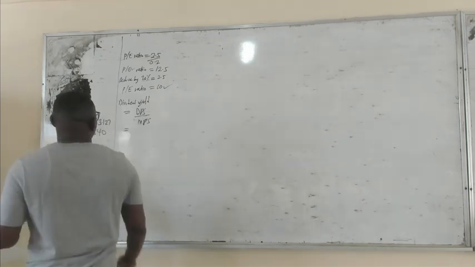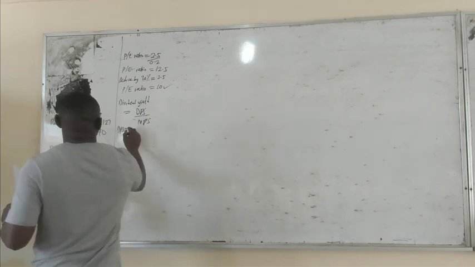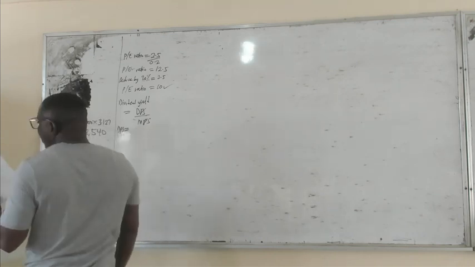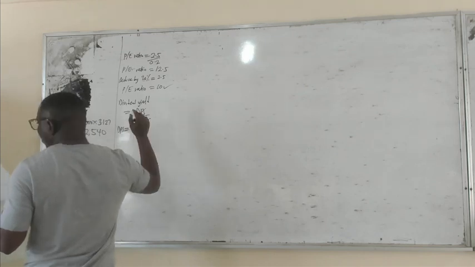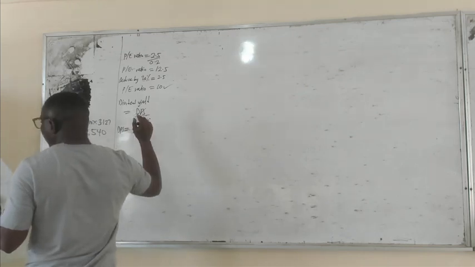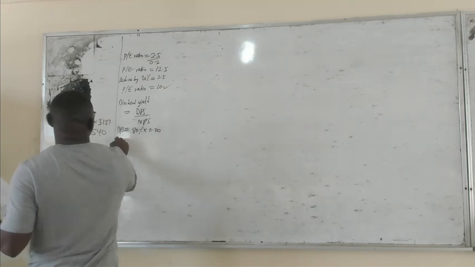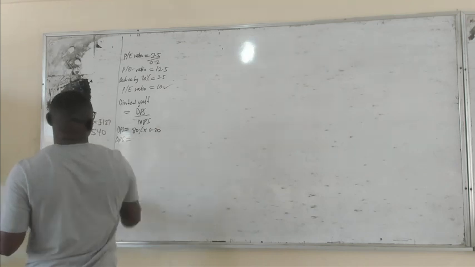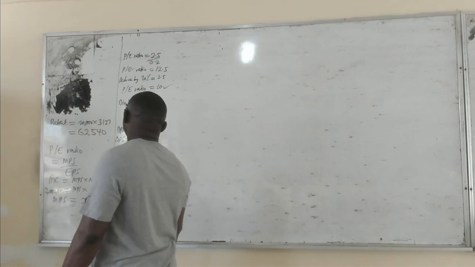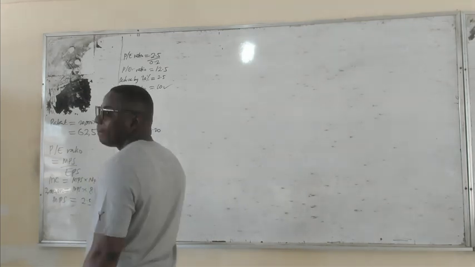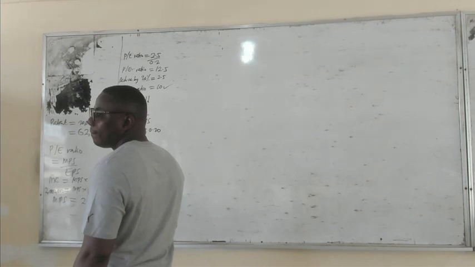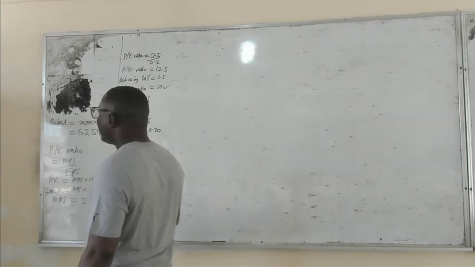We don't have the dividend per share, but we're given the dividend payout. So we just apply the payout on the earnings per share. What was the earnings per share? 0.2. Therefore, the dividend per share will be equal to 0.16.